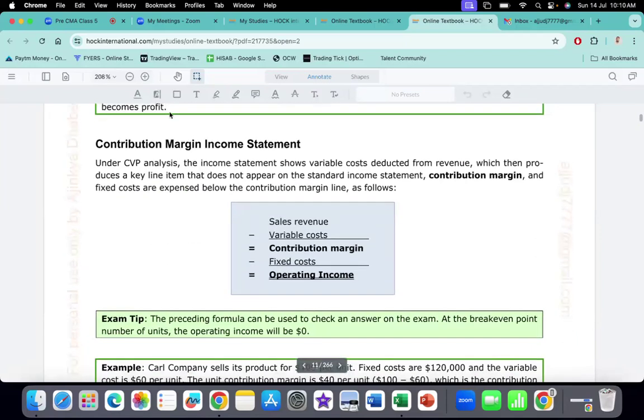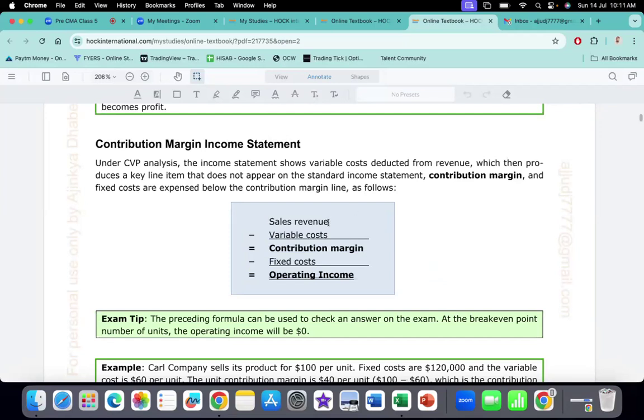This is a small contribution margin statement, but trust me guys, this is one of the most important statements which you're going to study in all your analysis. It only has 5 elements, but all of these are pretty important for you.